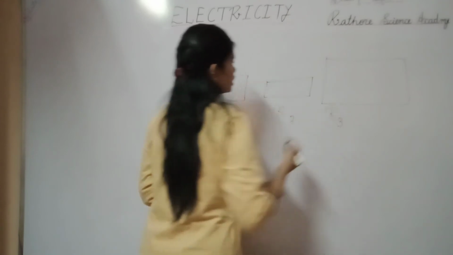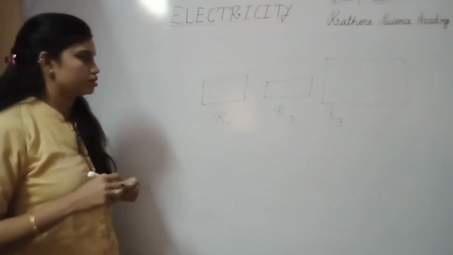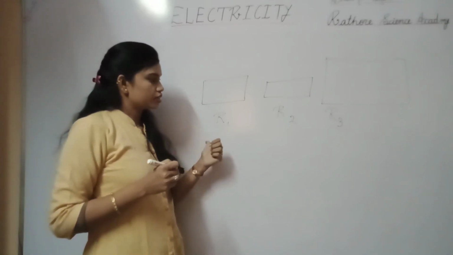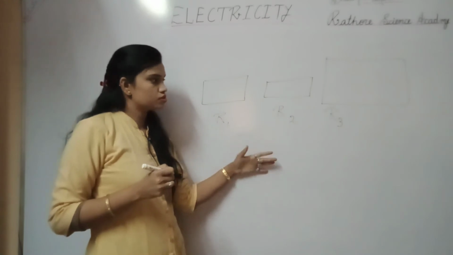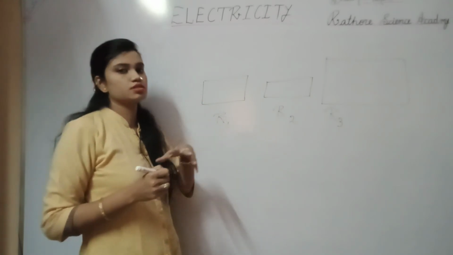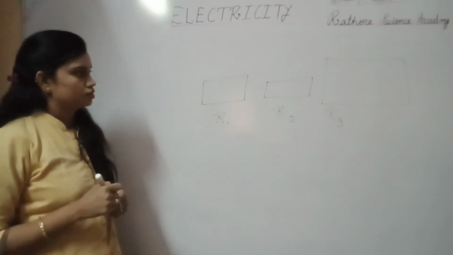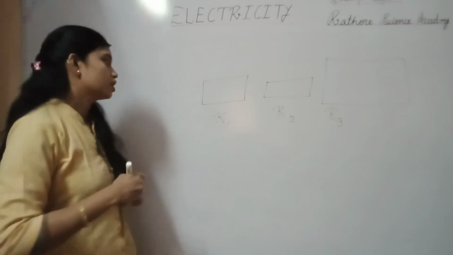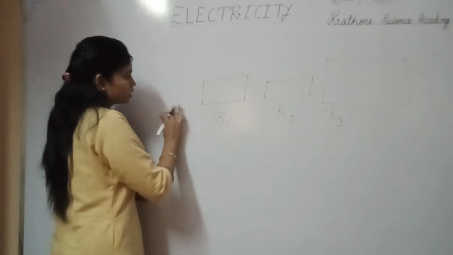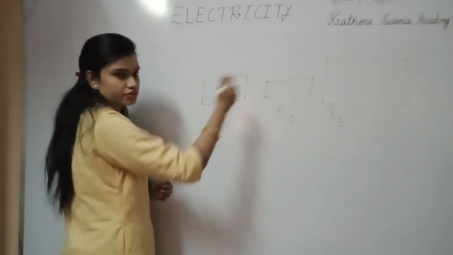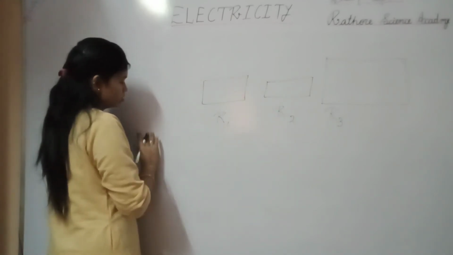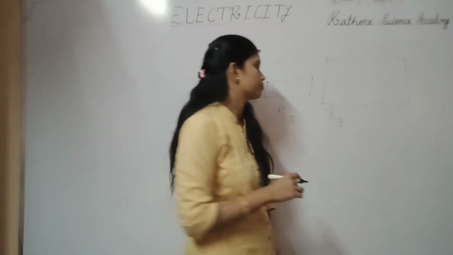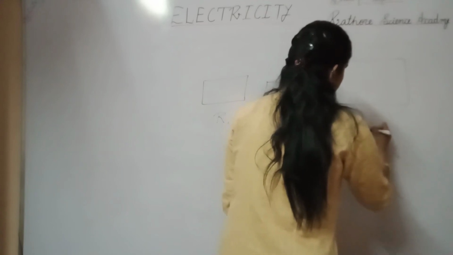Now arrange them on the basis of their resistance, whose resistance will be high and whose resistance will be low. How will we solve this? We have seen that the conductor whose area of cross section among these 3 is high, which one? R3. So its resistance will be very low.